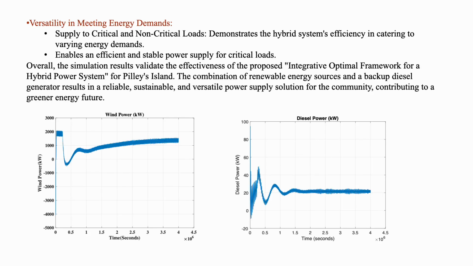To meet the energy demand, the supply of critical and non-critical load demonstrates the hybrid system's efficiency in catering to various energy demands, enabling an efficient and stable power supply for a critical load.